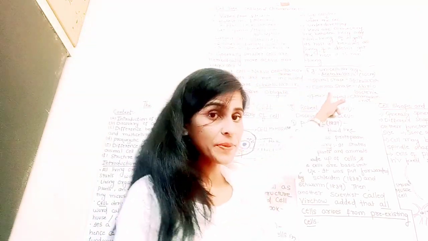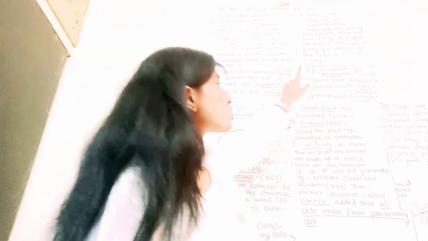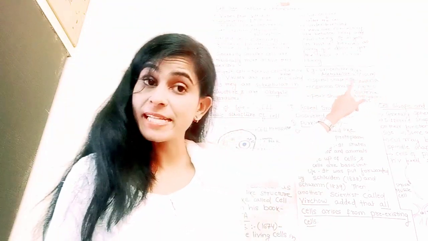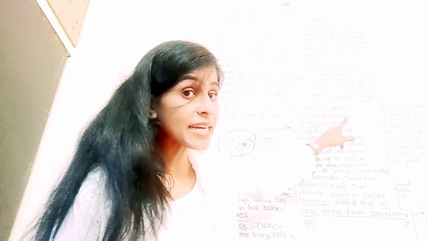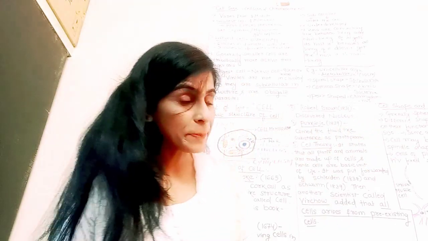And some of the examples I have written over here. Unicellular algae, that is Acetabularia, and its size is about 10 centimeter. Spiral shaped cells are present in Spirulina.